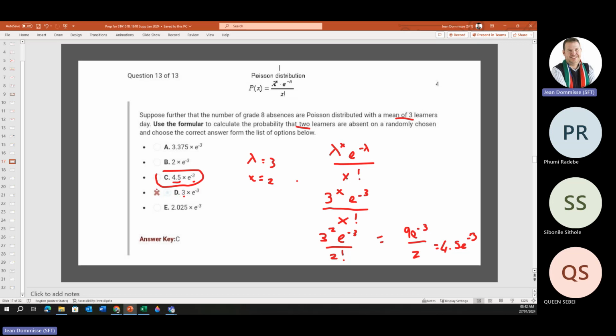Okay, so this one, they gave you the formula. Then you use the formula because you need to basically answer what the answer would be if you work out the formula. So this is the only time that you nearly would use the formula, if they direct you to do it.